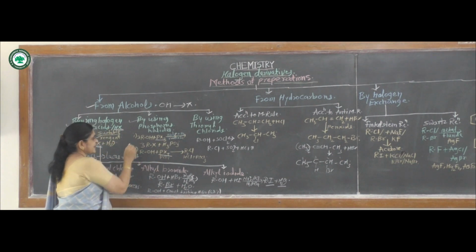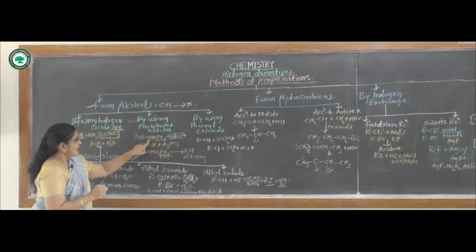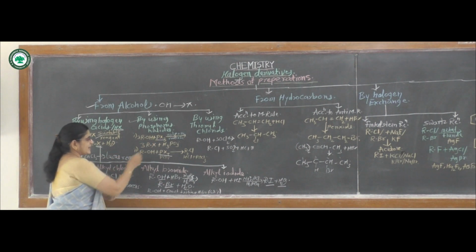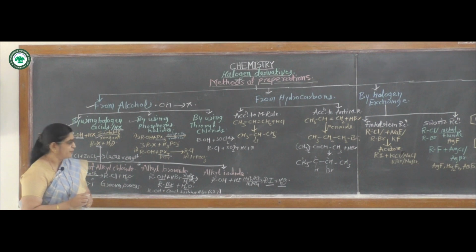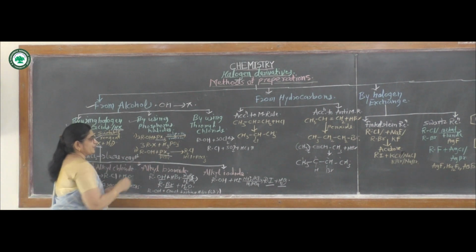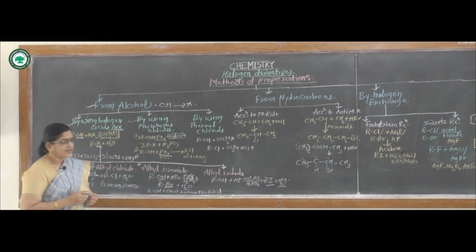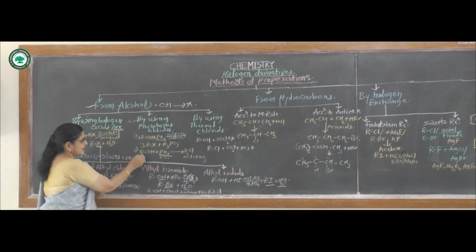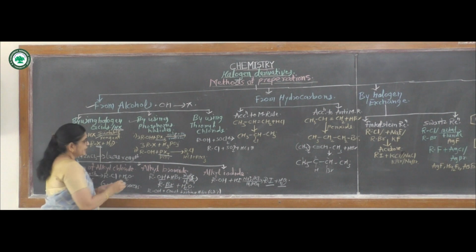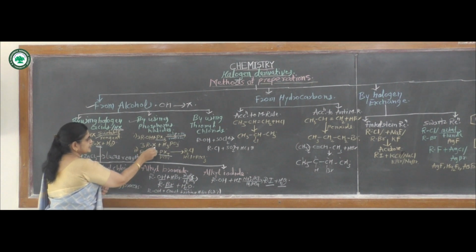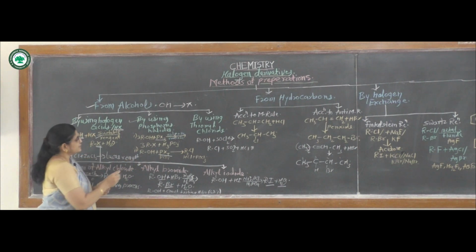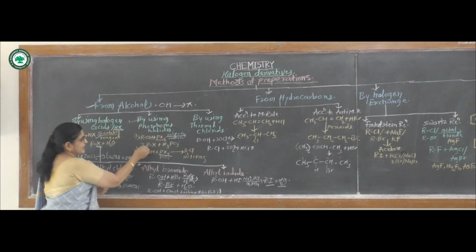In the first reaction, suppose three ROH plus PBr3 gives alkyl bromide plus H3PO3, that is phosphorus acid. Second, if alcohol reacts with phosphorus triiodide, it gives alkyl iodide.